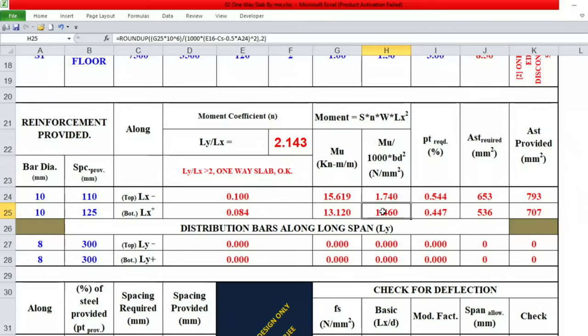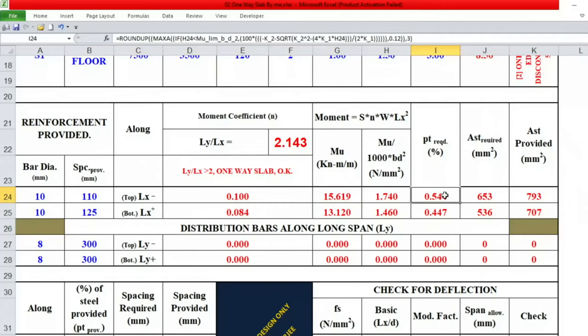Similarly, for bottom, Mu by BD square is equal to this value Mu into 10 to the power 6 divided by 1000 into square of the effective depth. Round up to 2 digits.